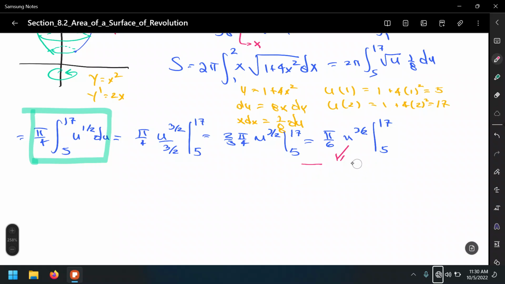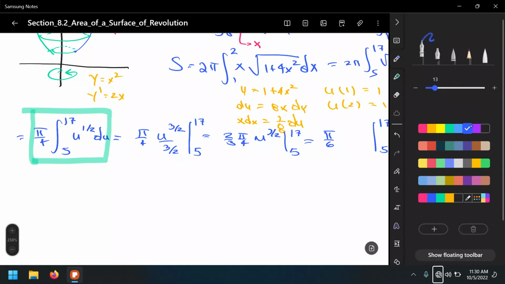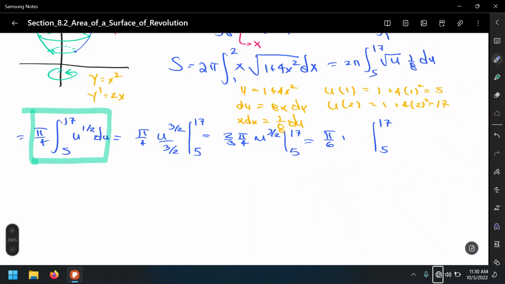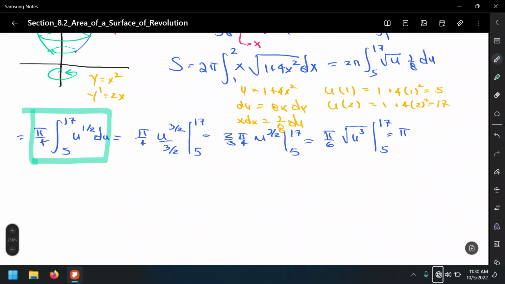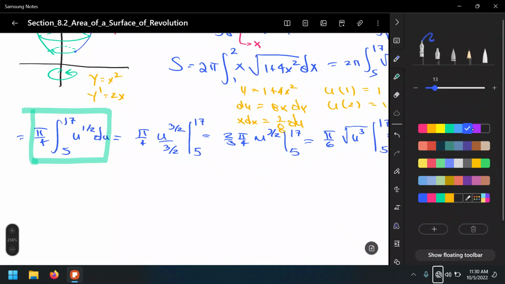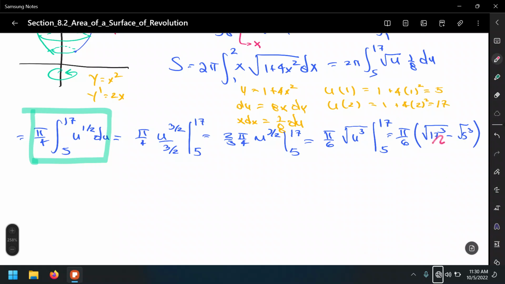So I'm going to go back to radical notation here. So that's going to be the square root of u cubed. And well, in this case, using the fundamental theorem of calculus, that's pi over 6 times root of 17 cubed minus root of 5 cubed. Okay, well, in this case we will have to break up these factors.